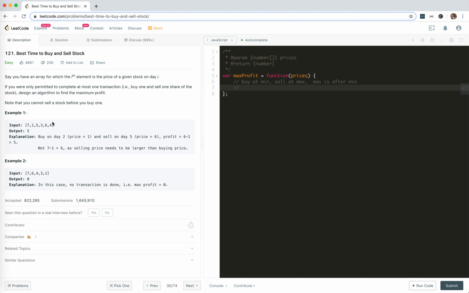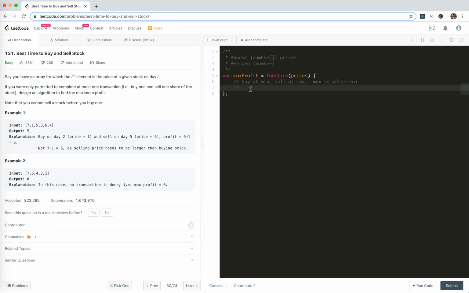So let's suppose we buy at 7. Where do we sell? If we buy at 7, we need to sell at 6, right? So we need to find the maximum of the rest. Then if we buy at 1, we need to sell at 6, still 6. But we need to search for the rest.